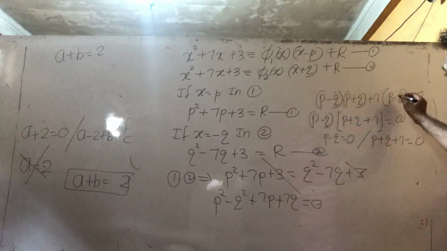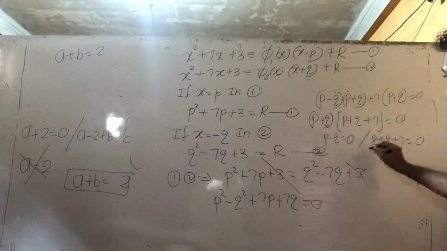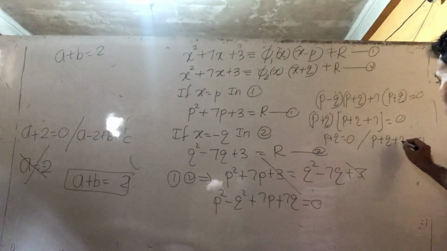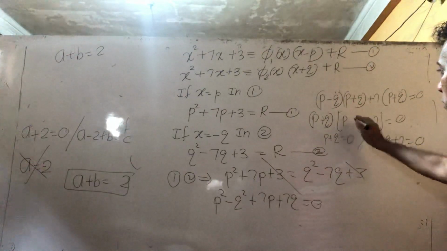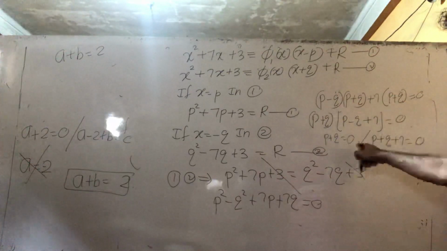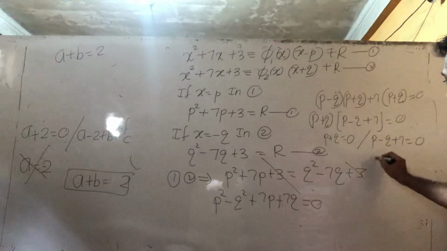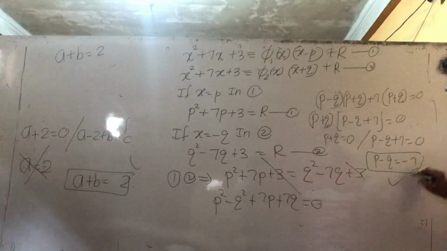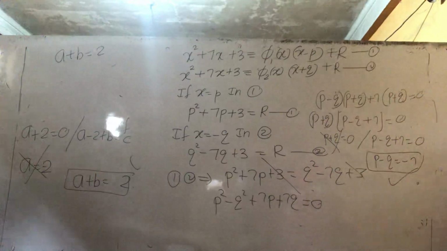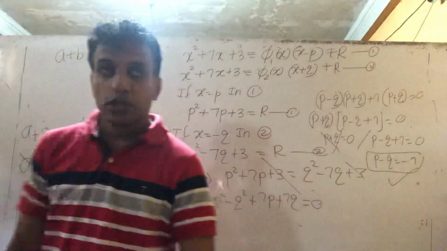You take the 7 out, p plus q. Take the p plus q out, plus 7. Check that. Therefore, p plus q times p minus q plus 7. So p minus q equal to minus 7. That's the answer here. You can't take p plus q equal to 0, since p is not equal to minus q, right? This is question number 11.